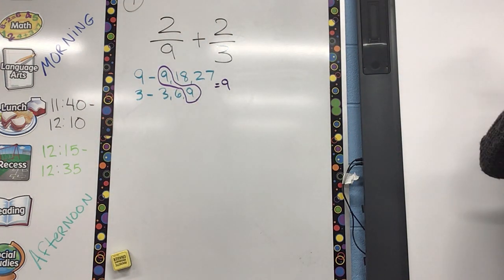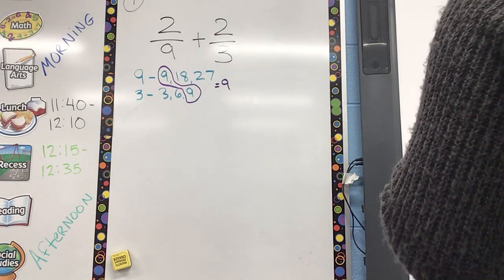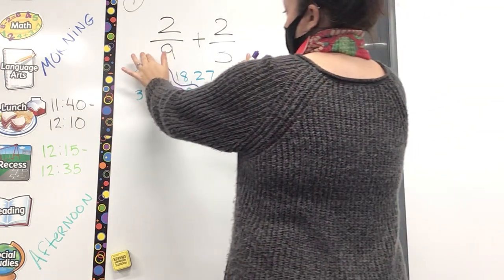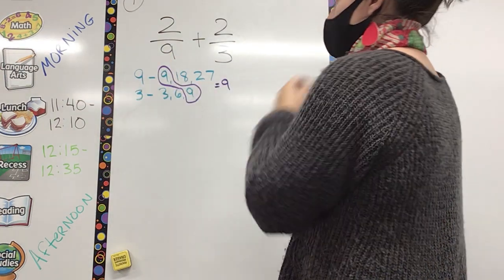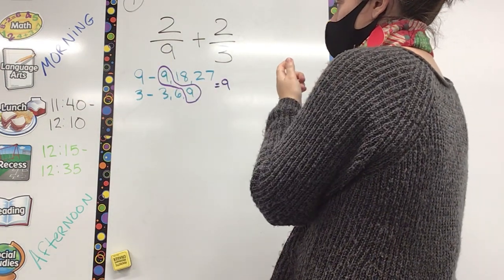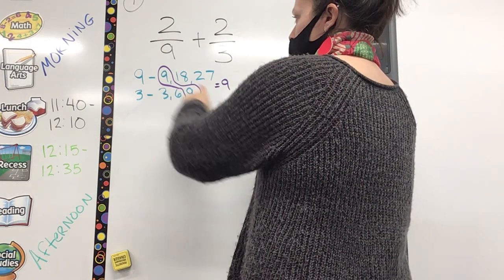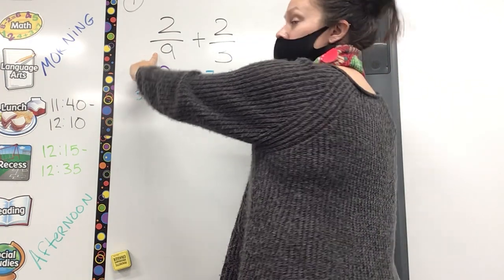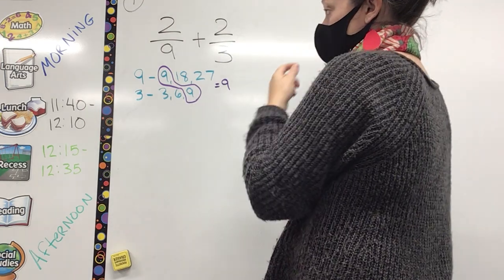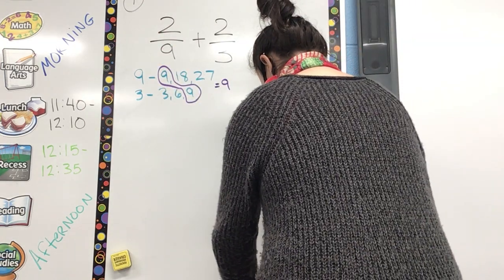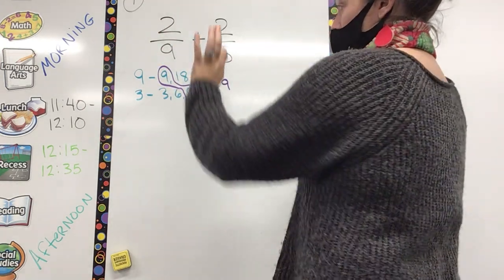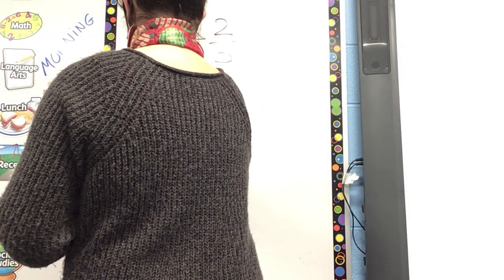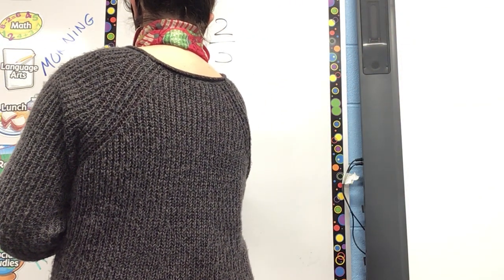So if my LCM here is 9, that means I'm going to want to change both my denominators to what number? 9. Hold on. If I'm changing them both to 9, but look at this one. Do I need to change anything on that one? No. It already is a 9. Wow, we love when that happens. That one's already a 9, so I can leave it alone.